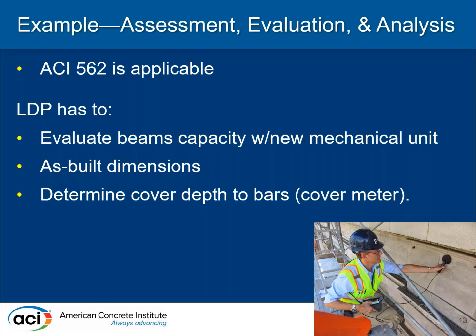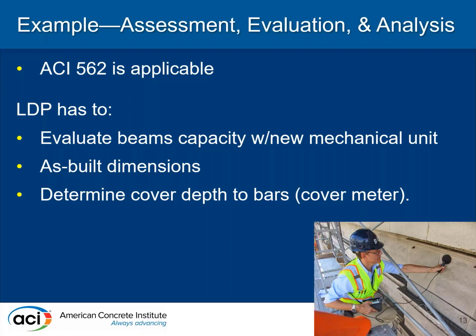ACI 562 is applicable in this respect, and the licensed design professional is charged with evaluating the beam's capacity with the new mechanical unit, determining the as-built dimensions, and determining cover depth to the bars.